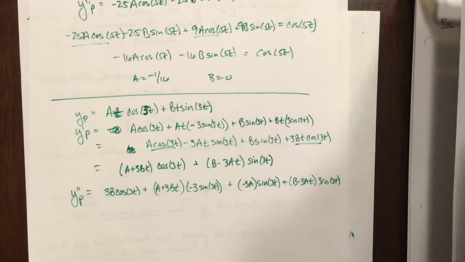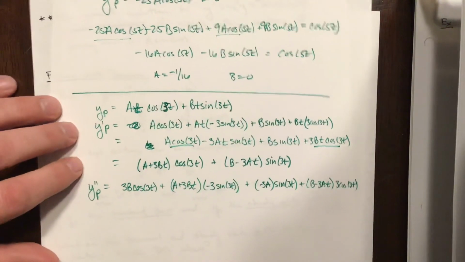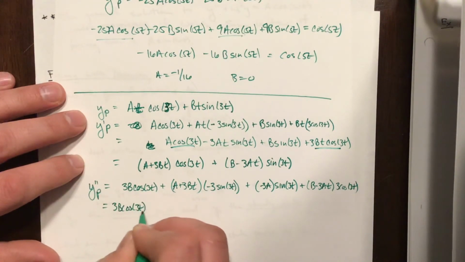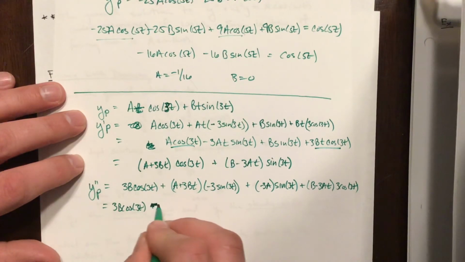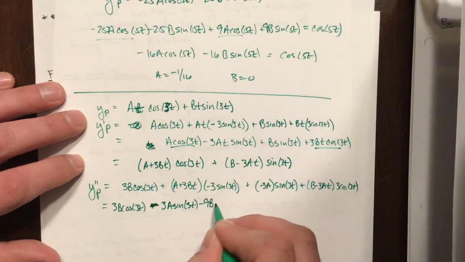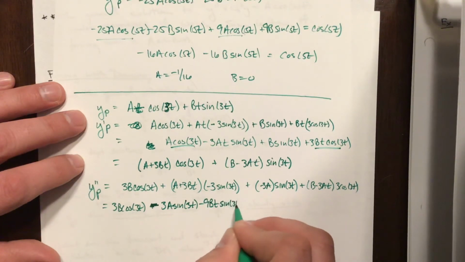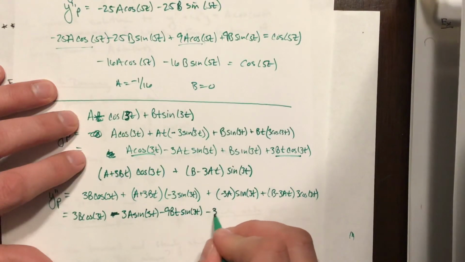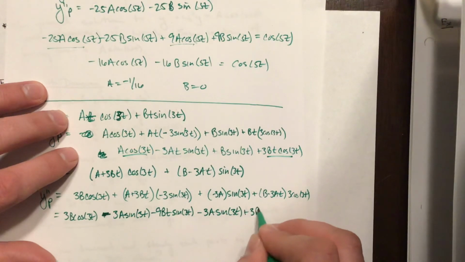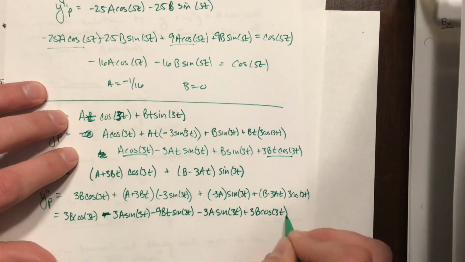All right. Not the most enjoyable stuff, I concede that. 3b cosine 3t plus minus 3a sine 3t minus 9bt sine 3t minus 3a sine 3t plus 3b cosine 3t minus 9a cosine 3t.